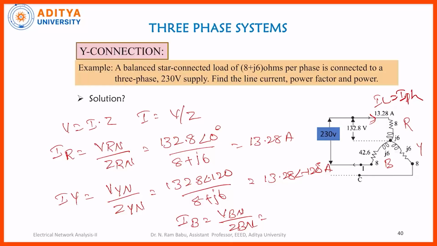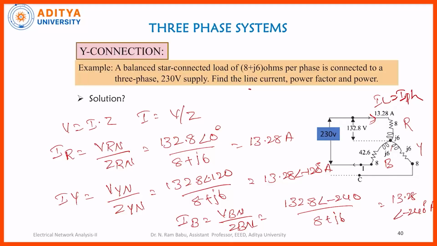That means the current flowing through this B phase. Here the voltage value is VBN and the impedance value is ZBN. Therefore, here it will be 132.8 at an angle of minus 240 degrees divided by 8 plus j6, which is nothing but 13.28 at an angle of minus 240 degrees amperes.